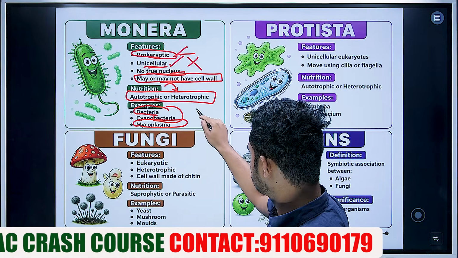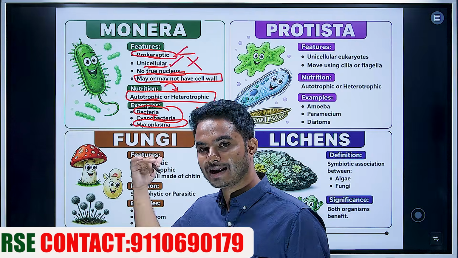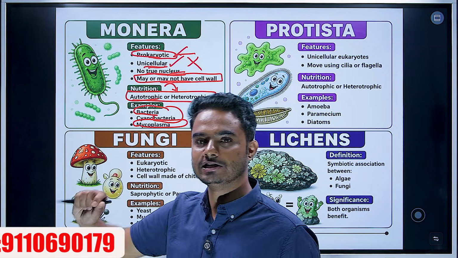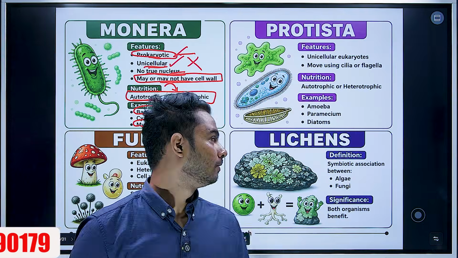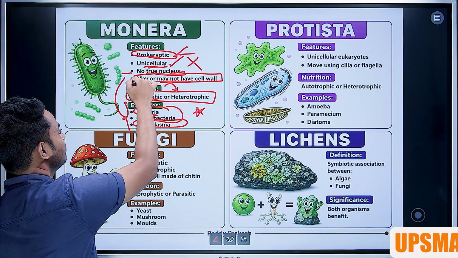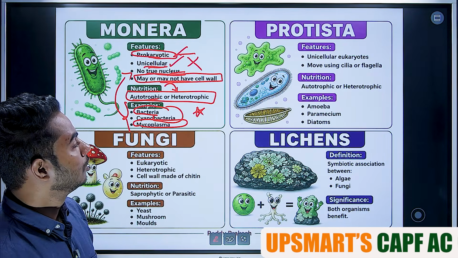And examples are important. Usually examples are asked in classification. Sometimes examples are also very important, so don't feel that examples are given just to help understand the features. Examples are important.